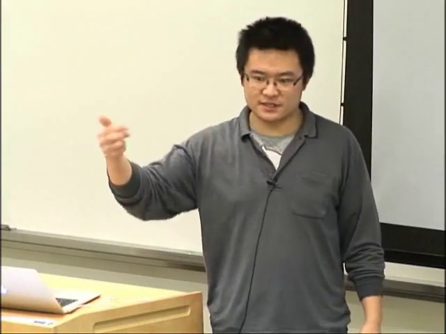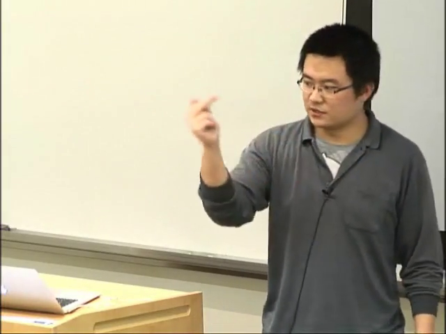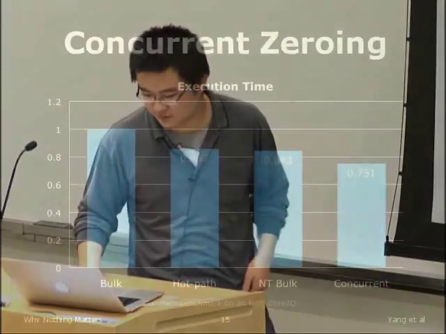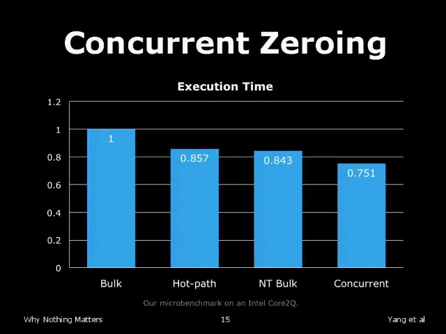This is another advantage of Java garbage collection. You can set the nursery space as a fixed-size sequential block, and your concurrent zeroing thread just directly zeroes those blocks. You don't need to care about any other things. So concurrent zeroing gets faster, and it's better than all of them.